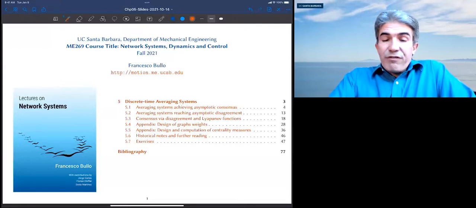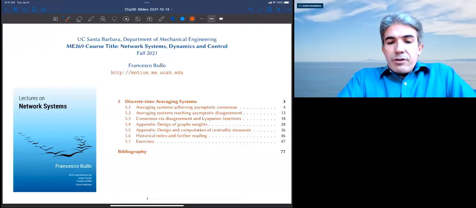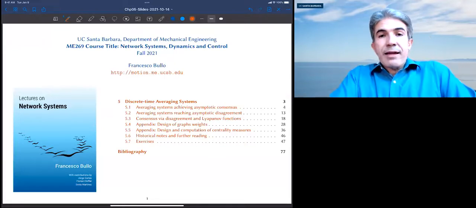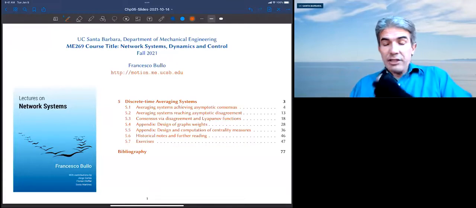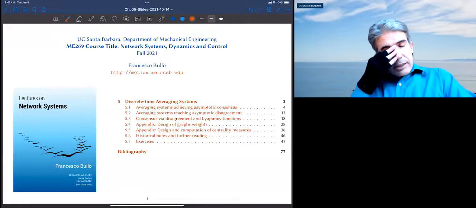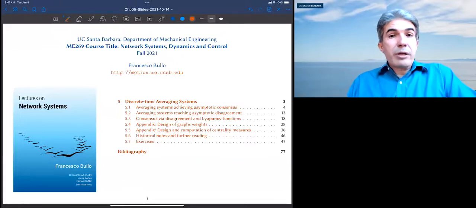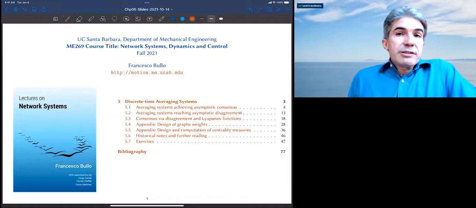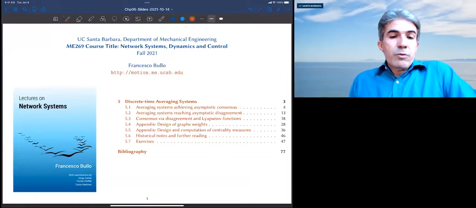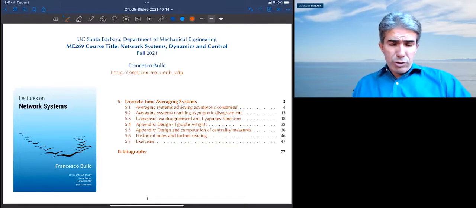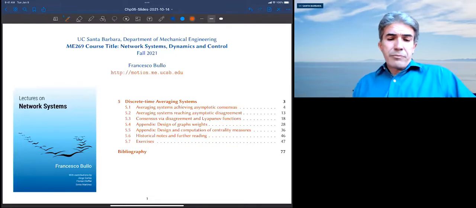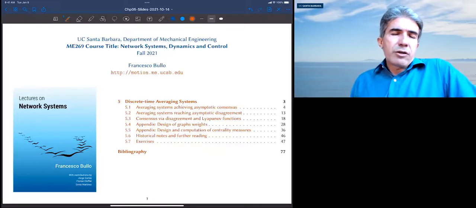Today, chapter 5 deals with the analysis of discrete-time averaging systems. We had discussed several examples of this in the first lecture. And then in chapters 2, 3, and 4, we prepared a body of material: the Perron-Frobenius theorem with the matrix power theorem in chapter 2, and the language of strong connectivity, globally reachable nodes, and even condensation of digraphs in chapter 3.